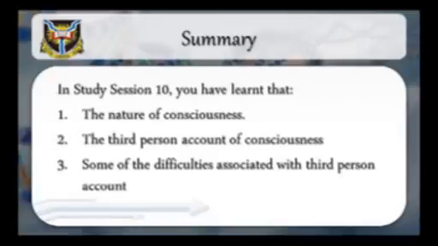Some of the difficulties associated with the third-person account, difficulties such as pretensions, imitations, and holding back of any corresponding behavior to show response to certain stimuli. This therefore necessitated the proposing of the first-person theory of consciousness, which relates to the mind-brain identity theory.